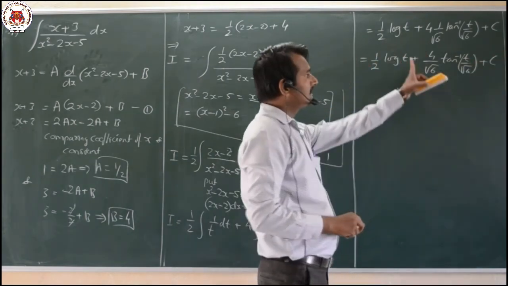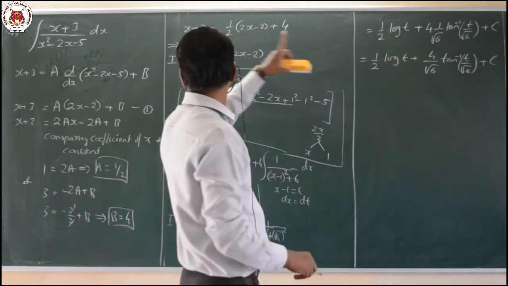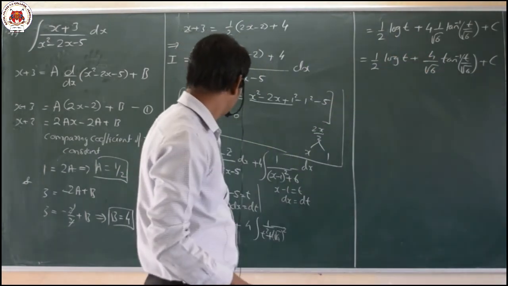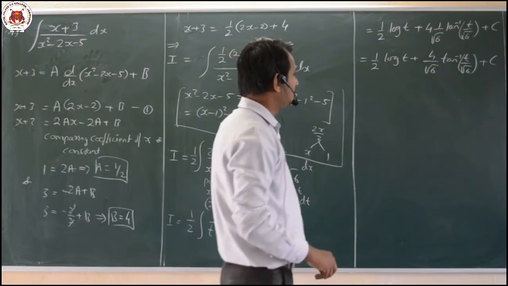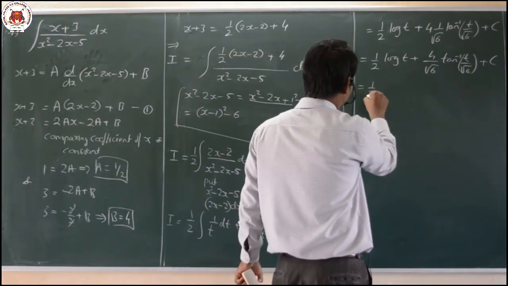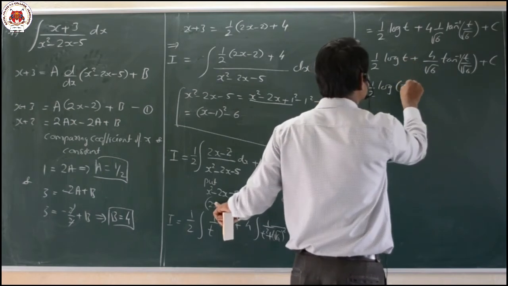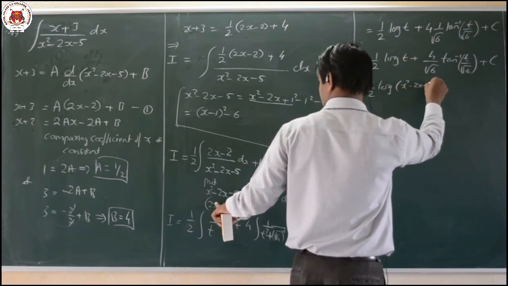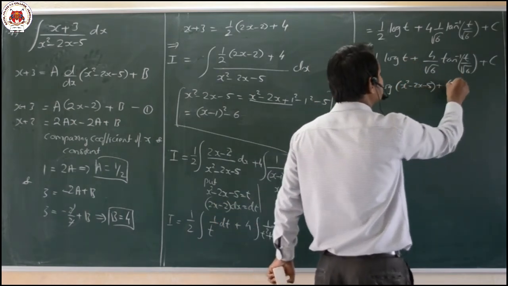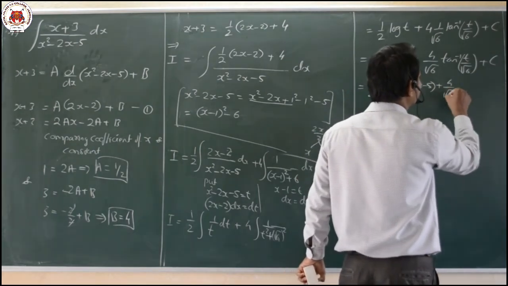Now let us substitute t, what do you mean by t here? The t value is x minus 1 here, which is equal to 1 by 2 log of x square minus 2x minus 5 plus 4 by root 6 times tan inverse.